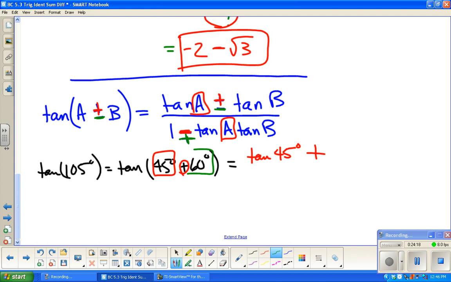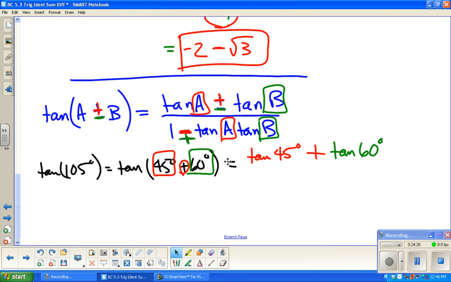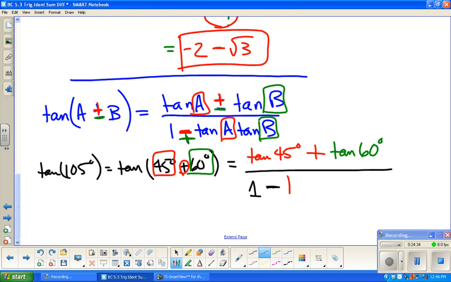Okay, so this is B. Tangent of B over, this is always 1, and again remember it's opposite sign, so tangent of A, tangent of B.